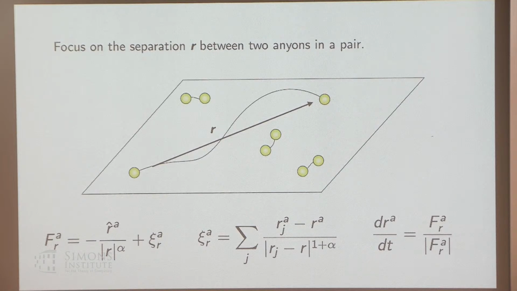The force on this anyon has a deterministic part, which is an attraction towards the anyon it's paired with, with strength 1 over r to the alpha. And then there's a noise component, which is controlled by all the random pairs that have been injected into the system by the noise. So there's a deterministic part plus a random field. And the random field has this form. We're getting a random signal from all the other anyons that have been created by the noise.